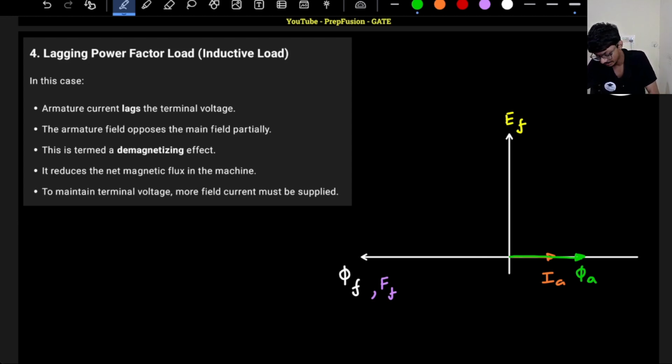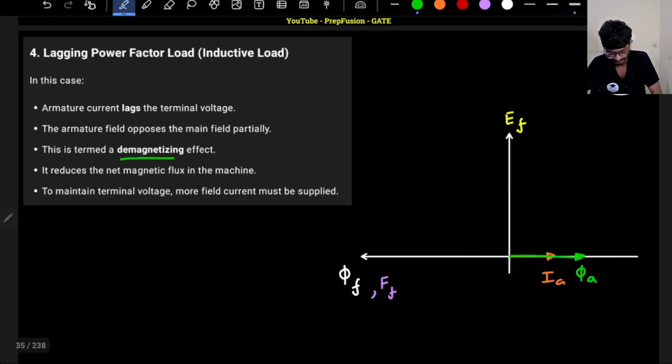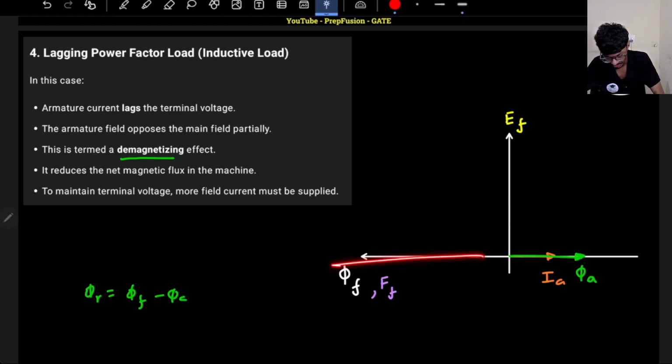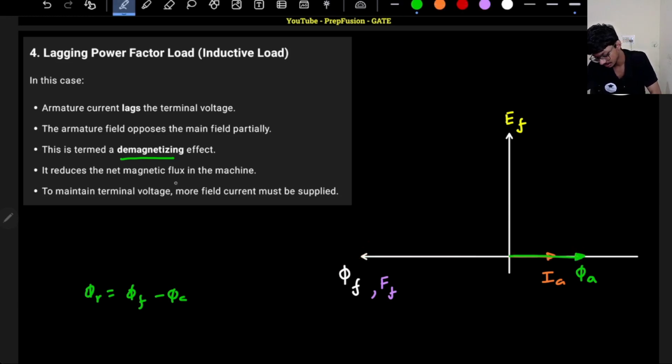I observe that it is a demagnetizing effect. Why? Because if you see the resultant flux, it will be phi F minus phi A, because phi F is here and phi A is here, so it is actually opposing the main field flux. So it reduces the net magnetic field.